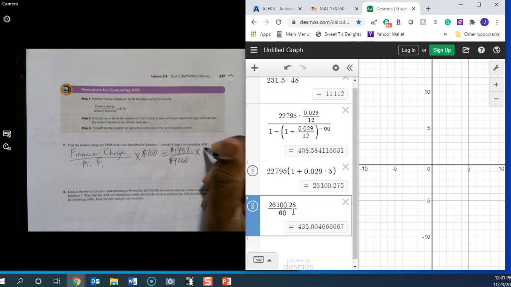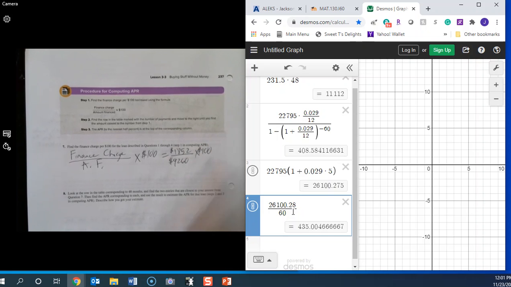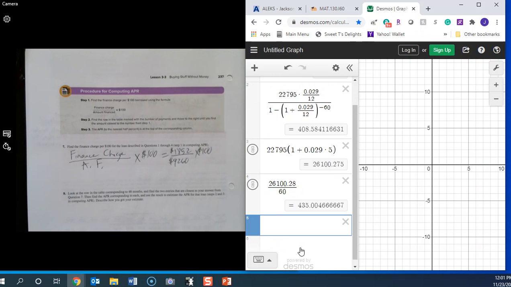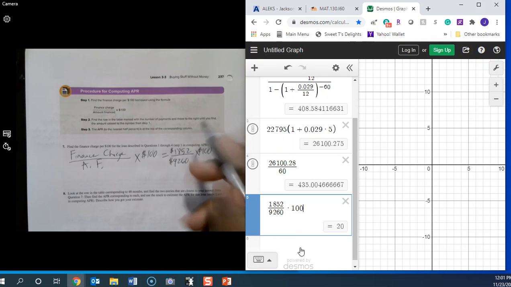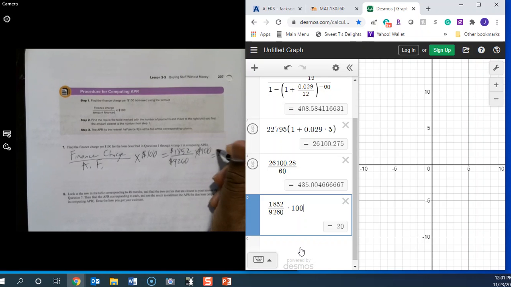And we multiply that by $100. Now, when we divide these two, I'll put this in the calculator so you can see it. So we had 1852 divided by 9260. That's 0.2, and then we'll multiply that by 100. So this would give us $20.